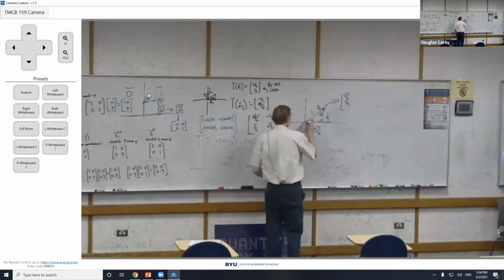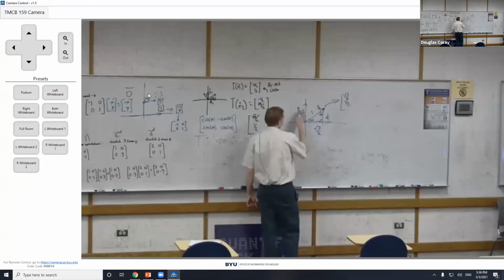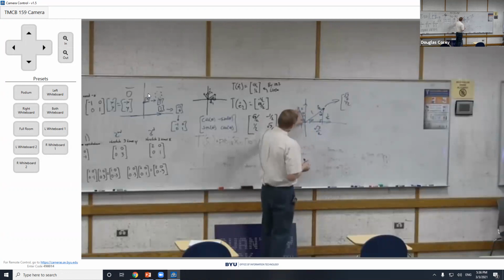How about my second basis vector? I rotate it 30 degrees. Where do I end up? I'm going to drop a perpendicular. I get a 30, 60, 90. This is my 30. So I can write down my 1 to square root of 3 ratio. But this really isn't 2, it's really 1.